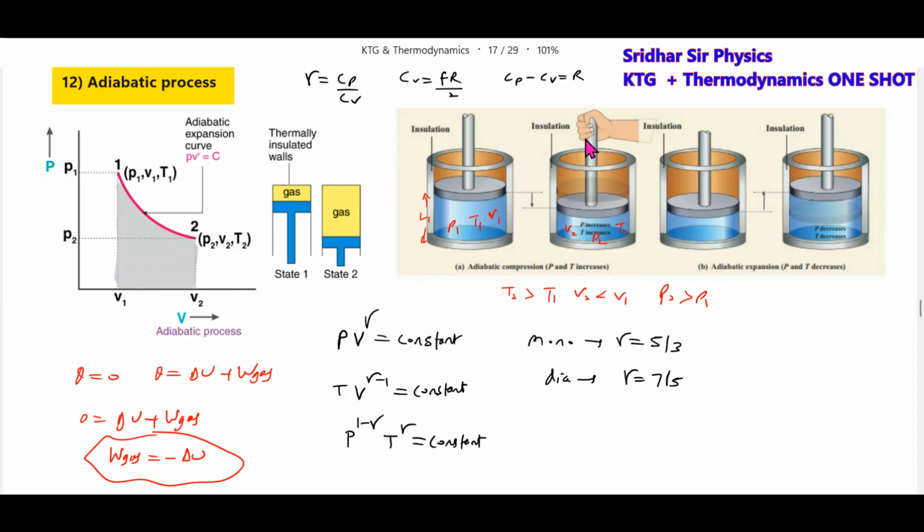So what do you mean by adiabatic compression? Pressure and temperature increase. What do you mean by adiabatic expansion? I'll move the piston up. Here the pressure and temperature will decrease, volume will increase. So this will be the adiabatic expansion, and this is adiabatic compression.